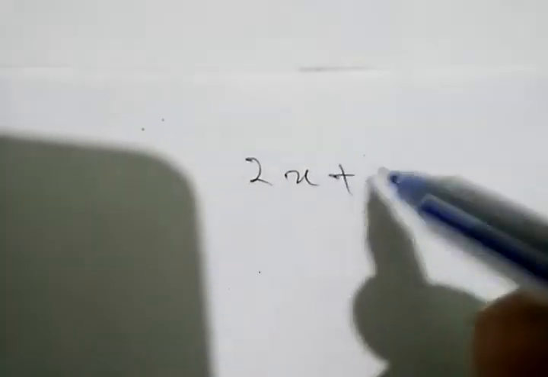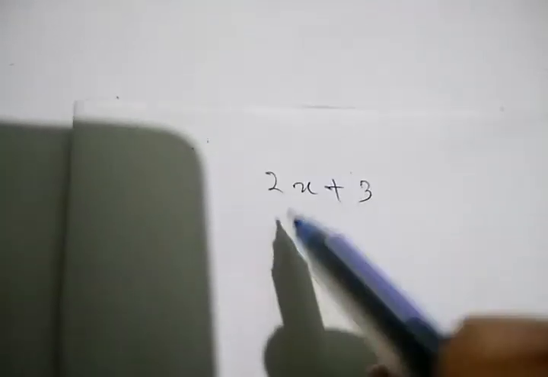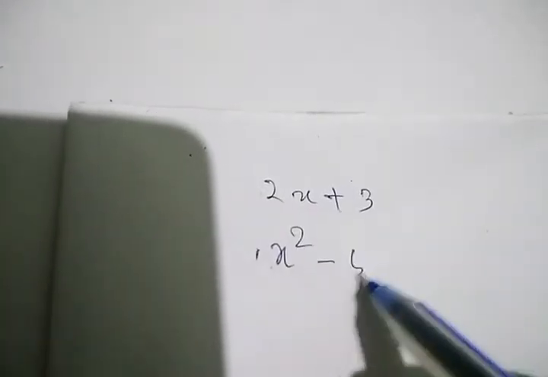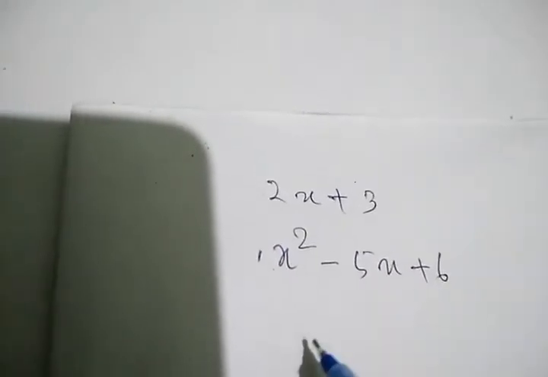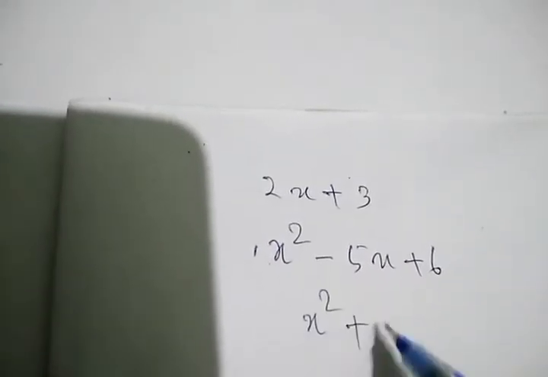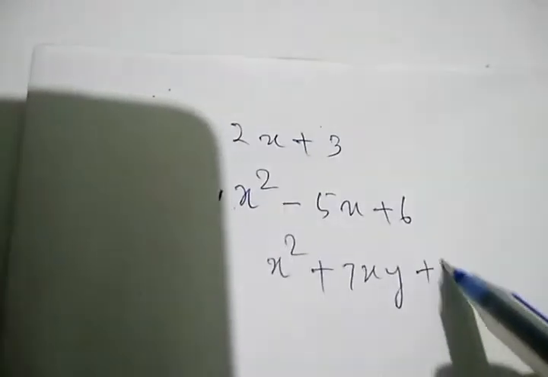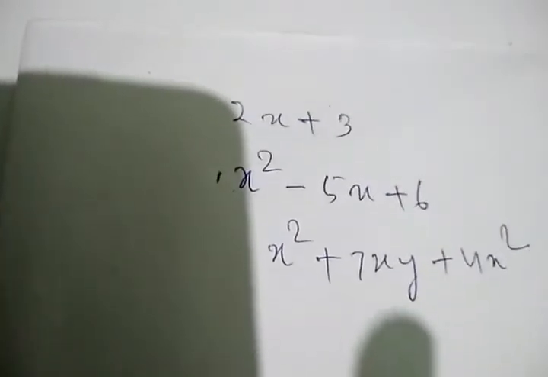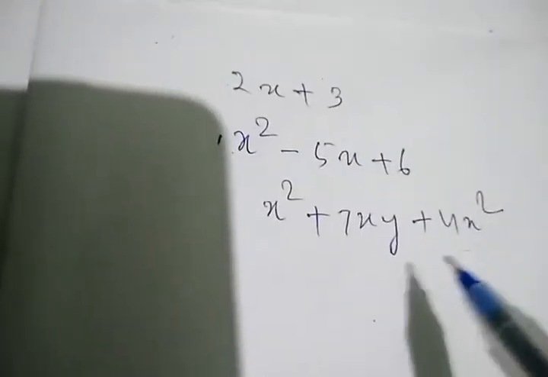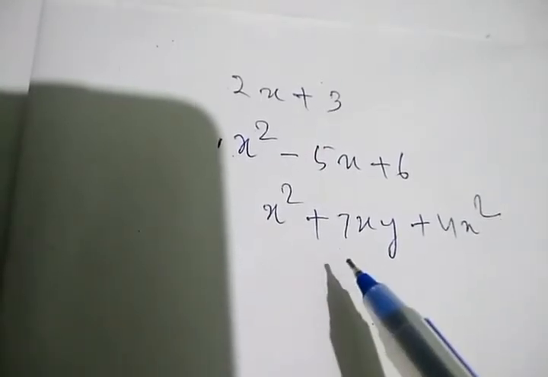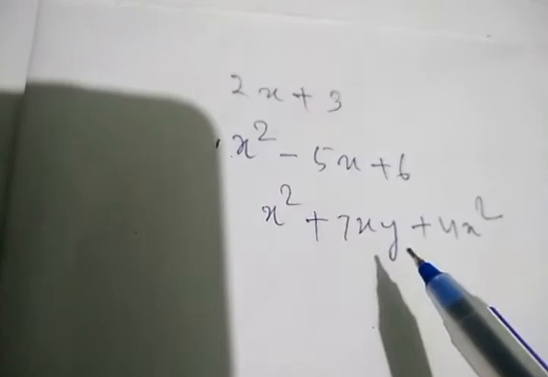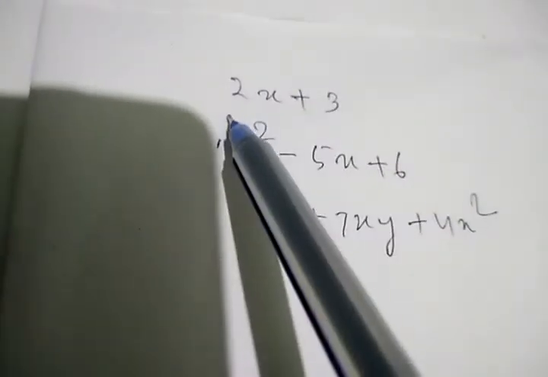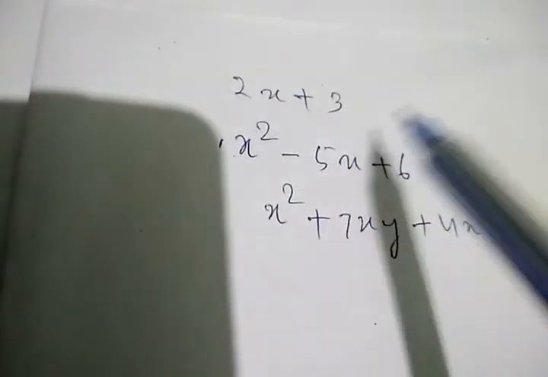Suppose 2x plus 3 and x square minus 5x plus 6, x square plus 7xy plus 4x square. And you know all about these. In class 7 you read about all these, and you see all these are called algebraic expressions.